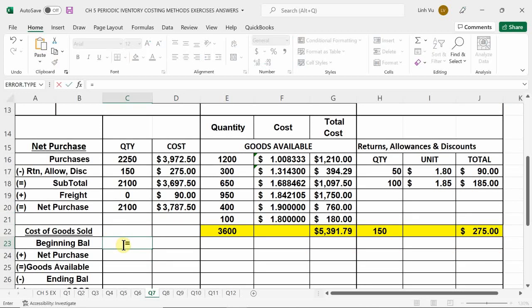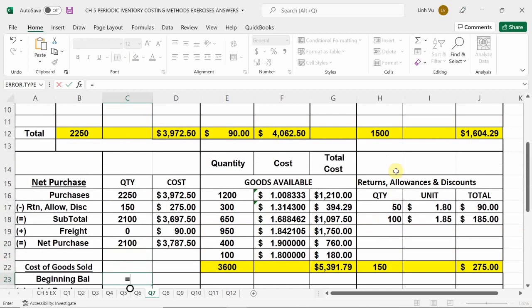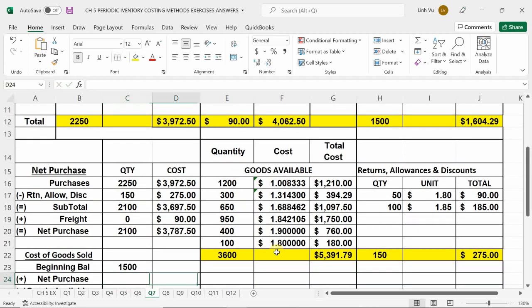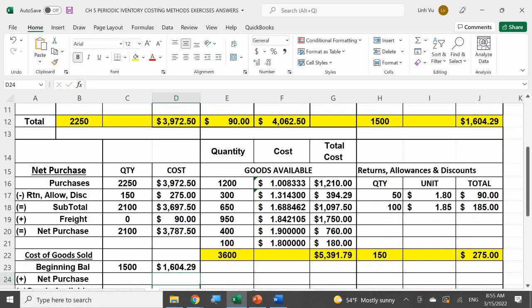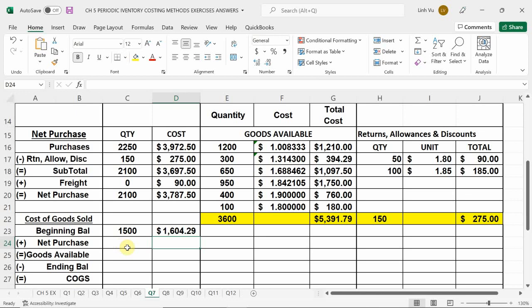Do we have beginning inventory? Yes, we did, right? We're going to carry the 1,500 at the 1,604. Okay. Carry down my net purchases that I bought and calculated from above. Okay.